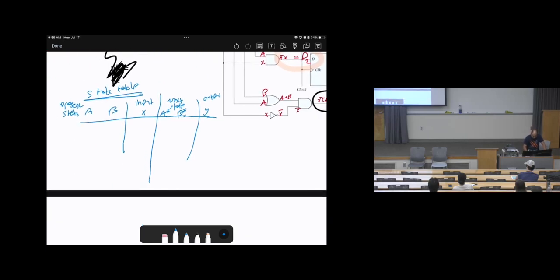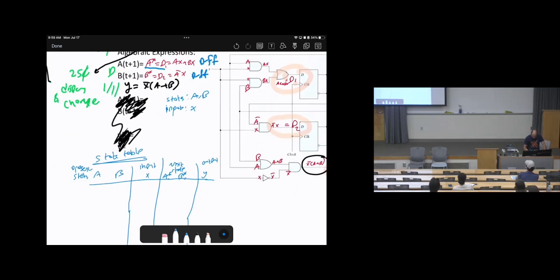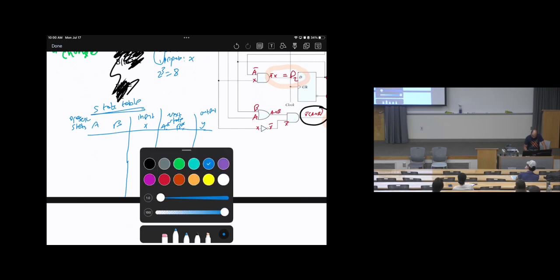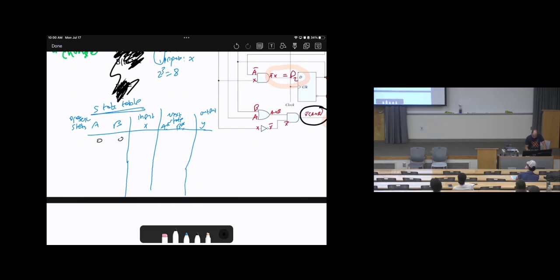Now, how many rows do we expect to see? I said we have 2 states and 1 input, so the total of 3. So we have 2 power 3, there will be 8 combinations. So we can make a truth table like this. 0, 0, 0, 0, 0, 1, 0, 1, 0, 0, 1, 1, 1, 0, 0, 1, 0, 1, 1, 1, 0, 1, 1, 1.